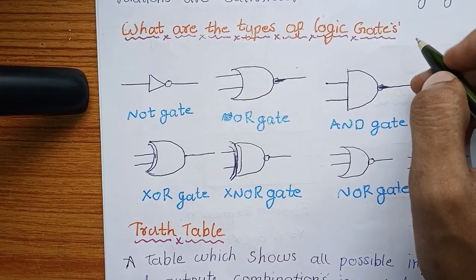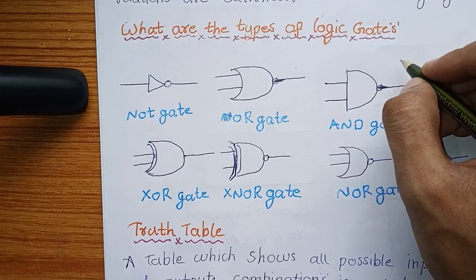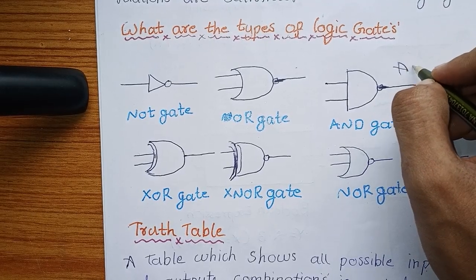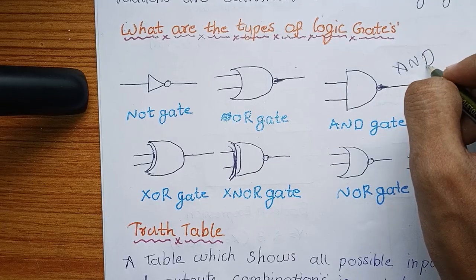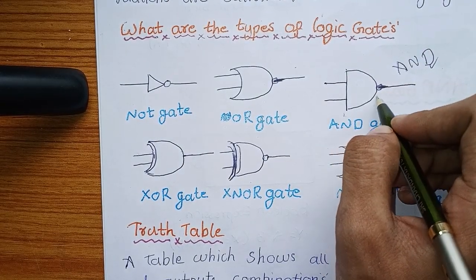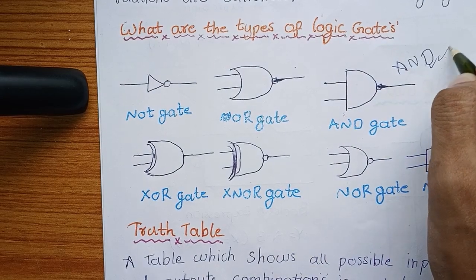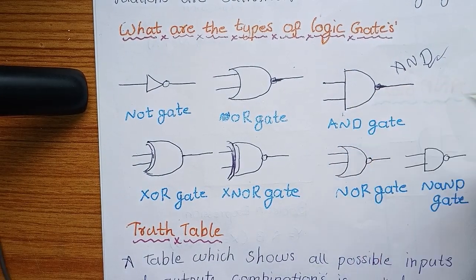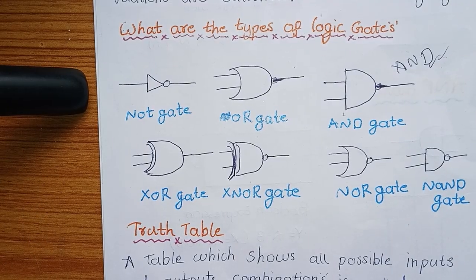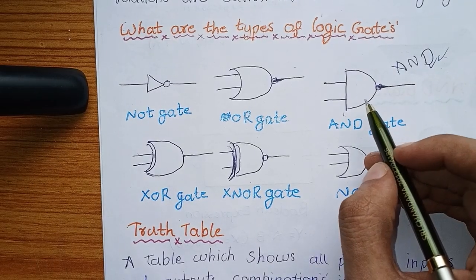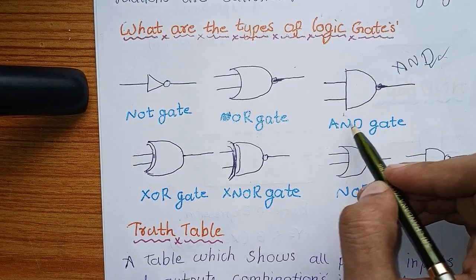Okay, for this, do you know how to write AND? We commonly write AND, right? A N D. This D, we can remember it as a D like this. I just want to tell you that it is an AND gate.